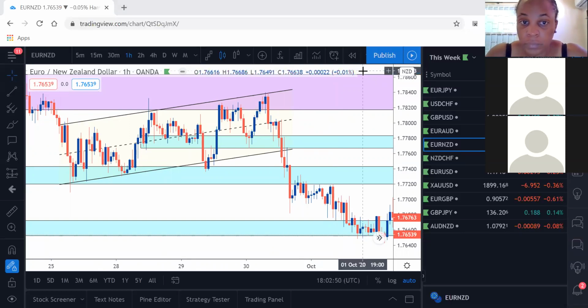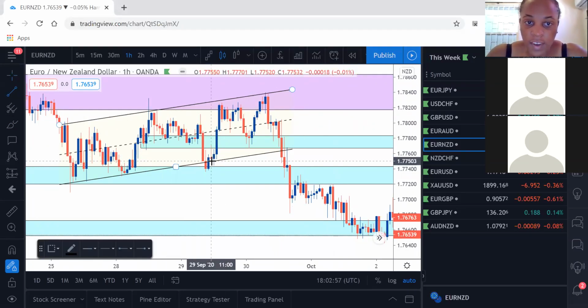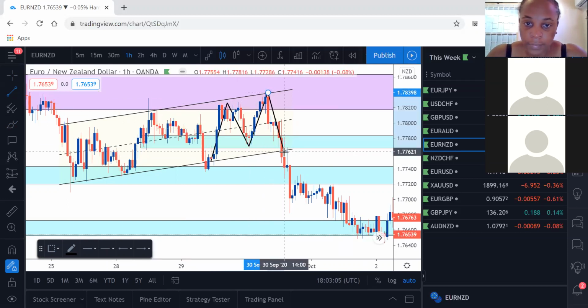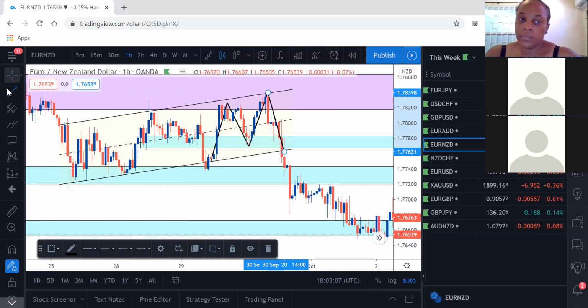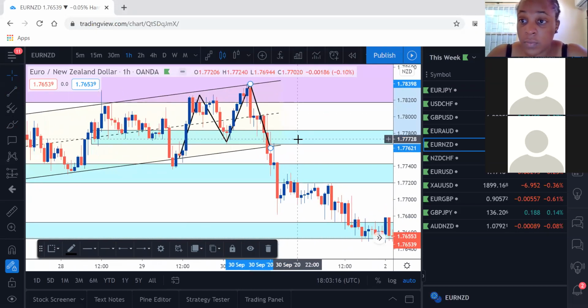If you look closely, you will notice in this ascending channel here, we had a nice M pattern, and from there the market went to the downside. Now, getting into this sell, the same thing applies.